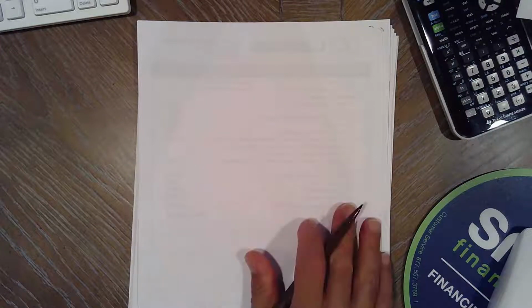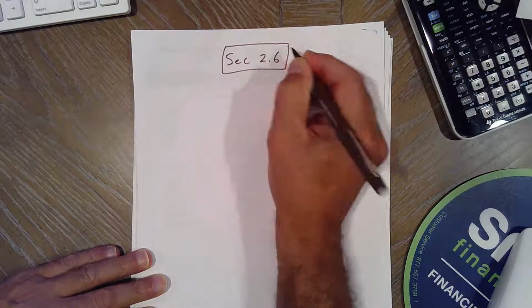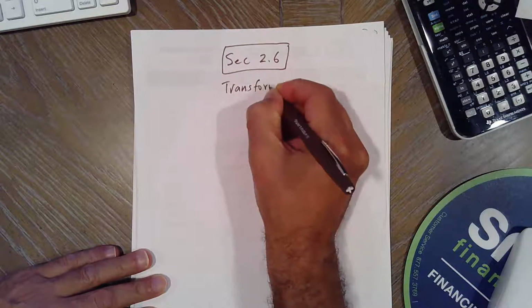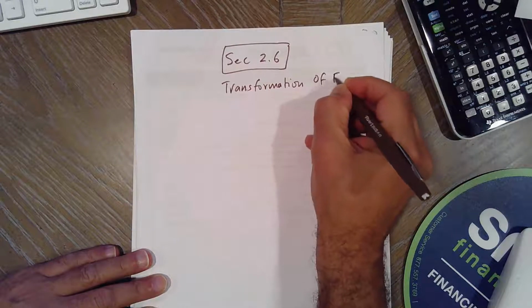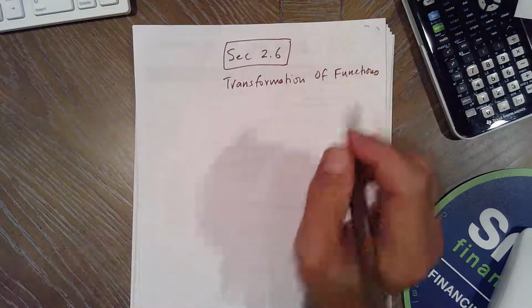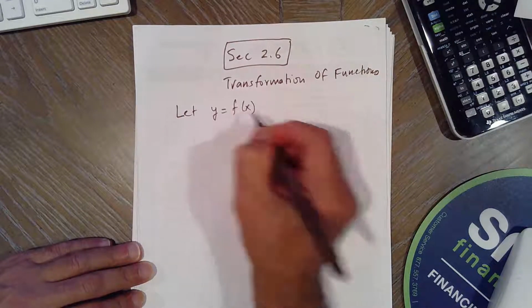Okay, so today I want to continue with chapter 2, namely section 2.6, transformation of functions. So how do we use the basic graph to get more sophisticated graphs?